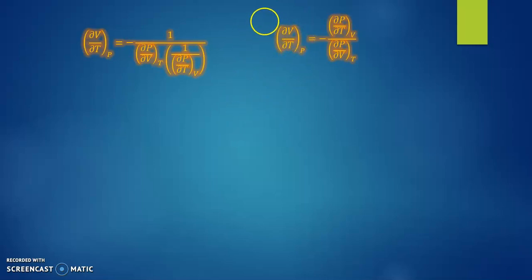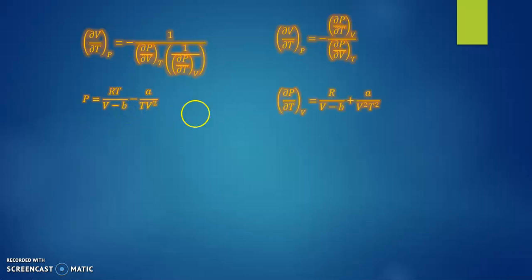So let's calculate this first derivative. In order to do that, we take the state equation and differentiate with respect to t. In this case, v is a constant. We can solve this derivative using the derivative rules.